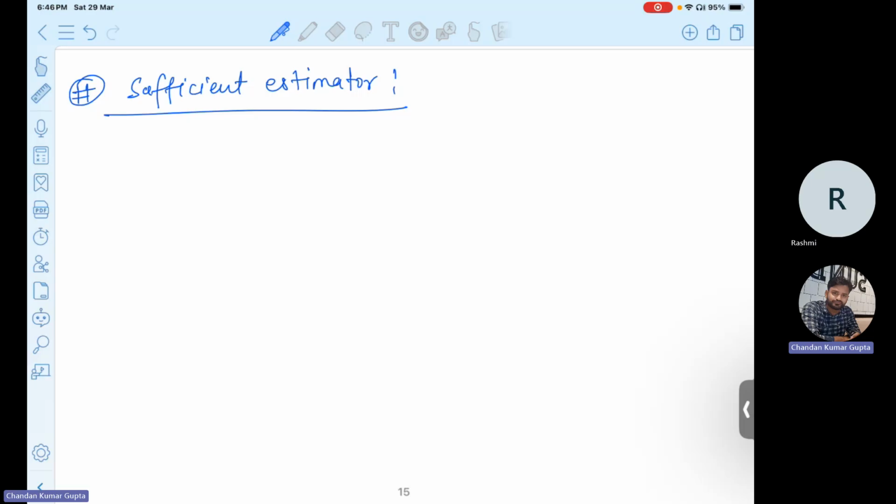If we are able to reduce the dimensionality with the help of the functional form, then that functional form or statistic is called the sufficient statistic or sufficient estimator. This is just for understanding purposes.